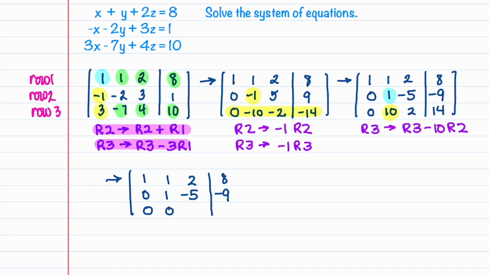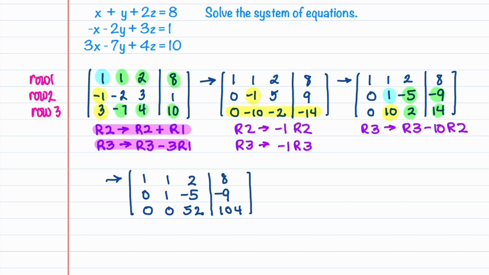Now let's go back and look at the upper right. We're going to now take -5, multiply it by -10, which is going to be 50, and then we're going to add 2, so we get 52. Now we're going to take -9, multiply it by -10, that is 90, and we're going to add 14, so we get 104.